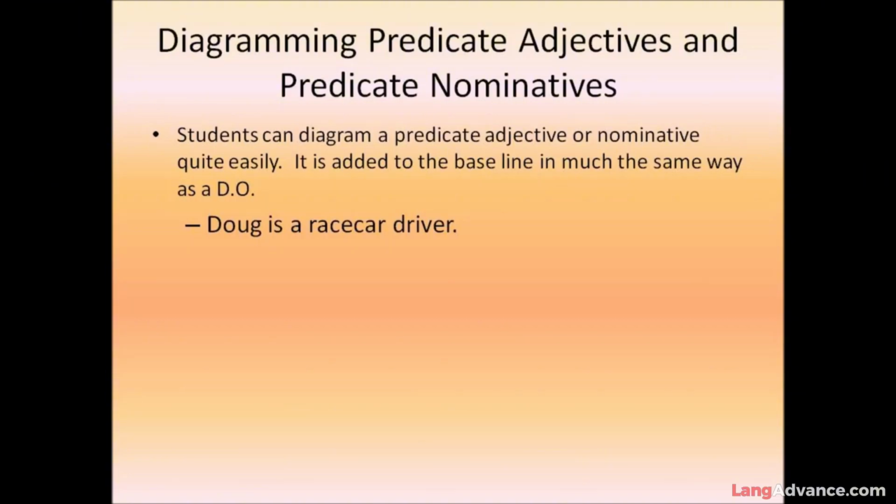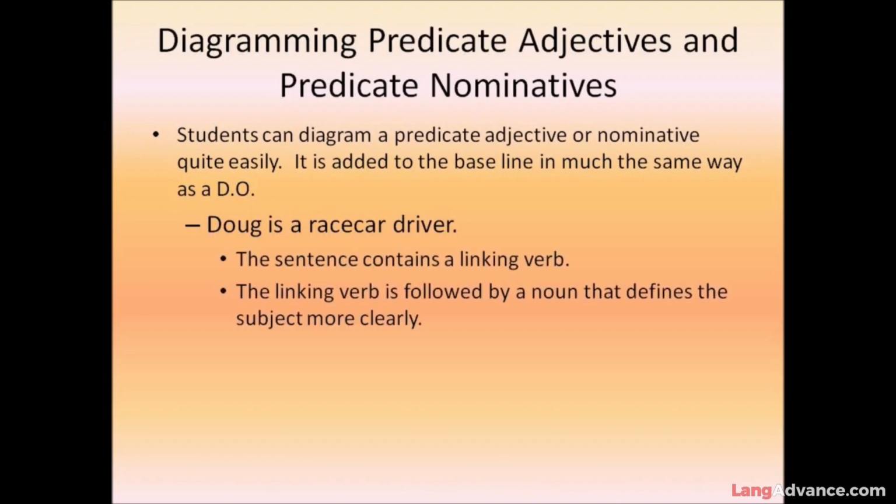When you diagram a predicate adjective or a predicate nominative, it looks a whole lot like a direct object. So for example, in the sentence, Doug is a race car driver, the first thing you want to do is determine that the sentence does contain a linking verb and that that linking verb is followed by a noun. Doug equals driver.